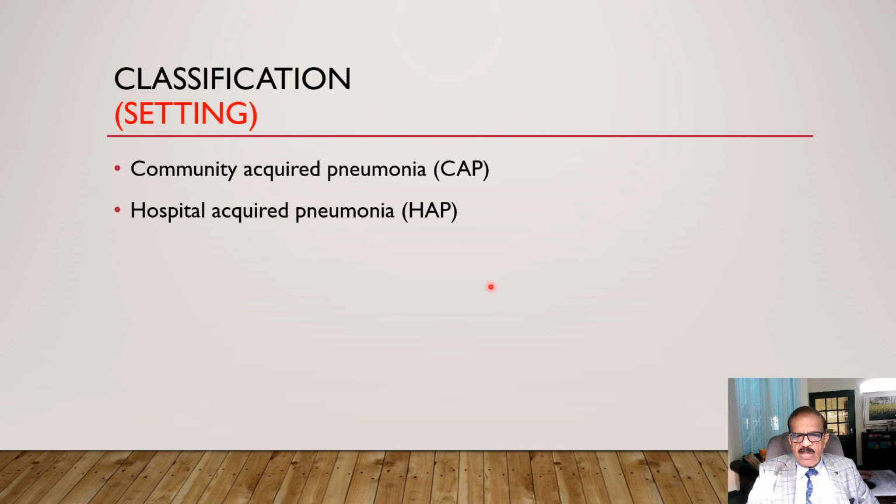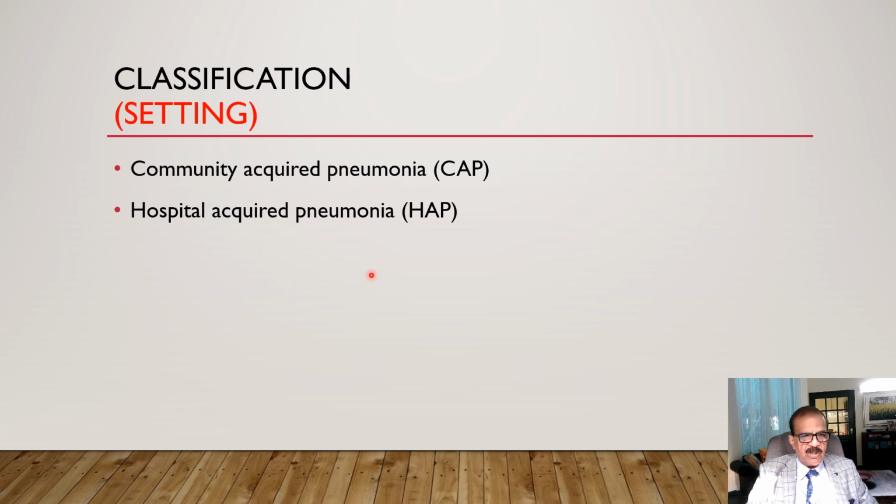Hospital acquired pneumonia: any infection which develops in the hospital is very difficult to treat because germs in the hospital are typically resistant to antibiotics. Now this implies that the patient was admitted to the hospital for some other reason, like a fracture of bone or a stroke, and after some time, by definition, the infection was not present at the time of admission.